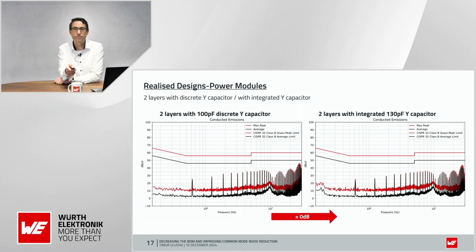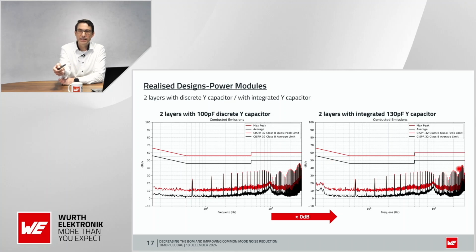Next, if we now take the design we had without this intentionally wanted Y capacitor and add a discrete 100 picofarads capacitor and make a comparison to the two layer with 130 picofarads capacitor, then we will see there is nearly no difference.